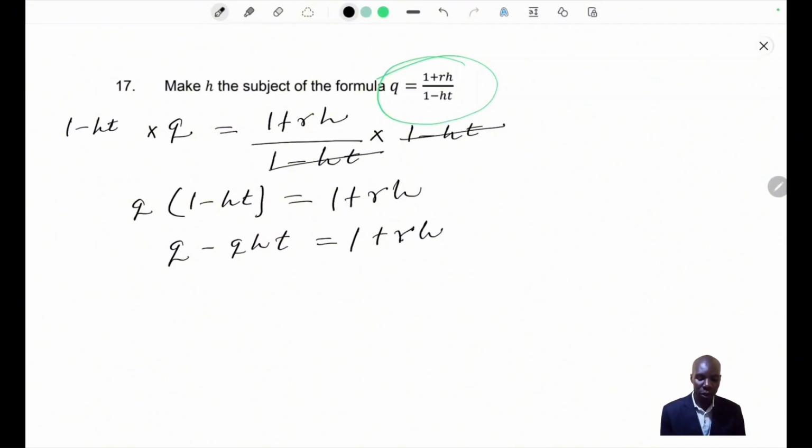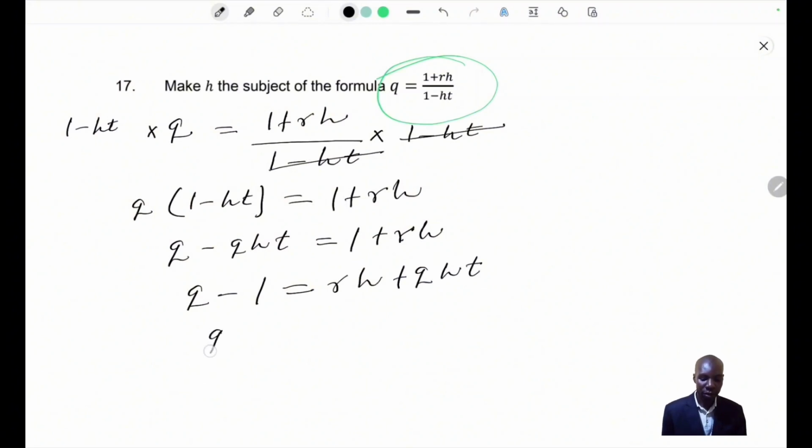Then from here, what we can do is collect the like terms. So we'll have Q minus 1 equals RH plus QHT.